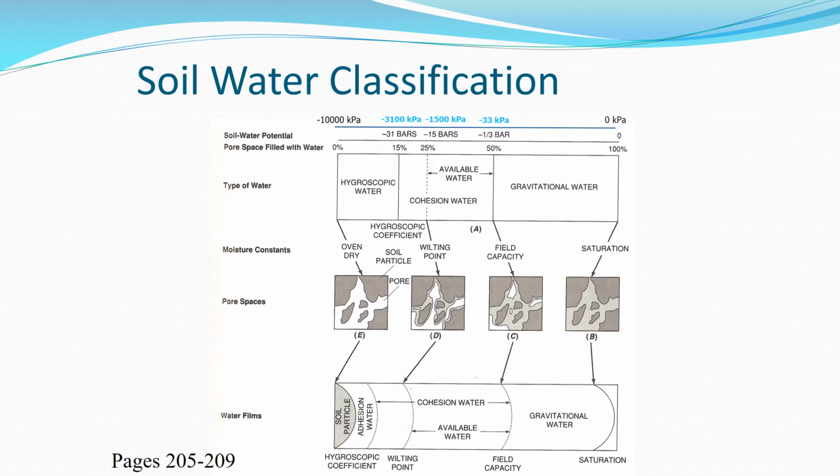So what we call these various points is at negative 33 kilopascals, when we have roughly 50% available water in the pores, we call this field capacity. At negative 1500 kilopascals, we're starting to get to the wilting point of plants. We only have about 25% water.